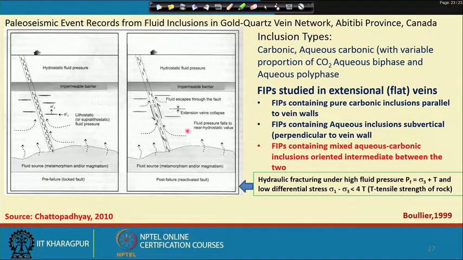So, this is the general condition which applies to such a fault mechanism of formation of shear veins and the associated flat veins that is observed in many such orogenic gold mineralizing systems in many of the areas, many of the Archean granite greenstone terrains in many different cratonic blocks, which we discussed before.